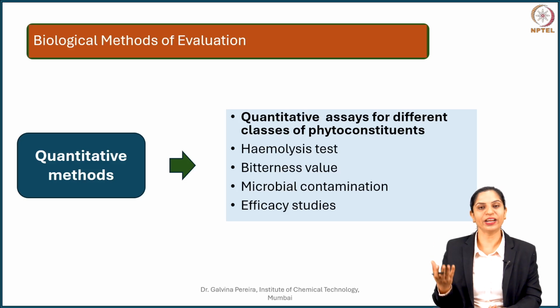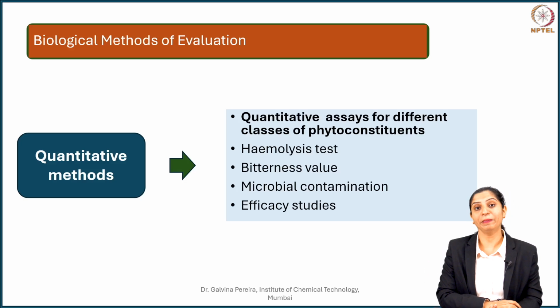Bitterness value, say for example drugs which are extensively bitter like your Karela, that is your bitter melon, like your fenugreek, like your cinchona. The more the bitterness increases, that means more amount of phytoconstituents are present.